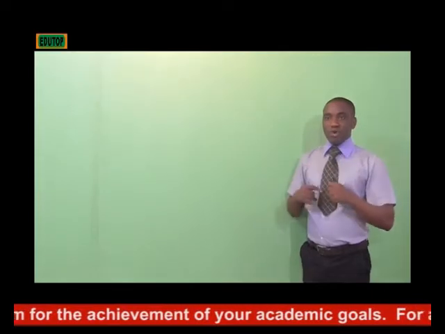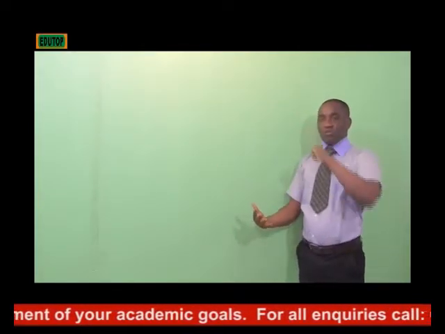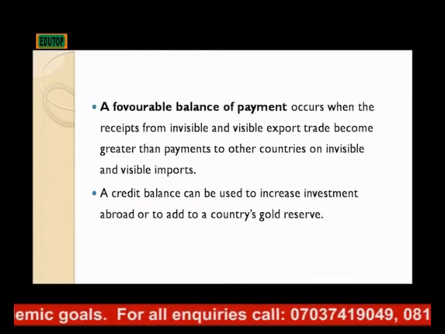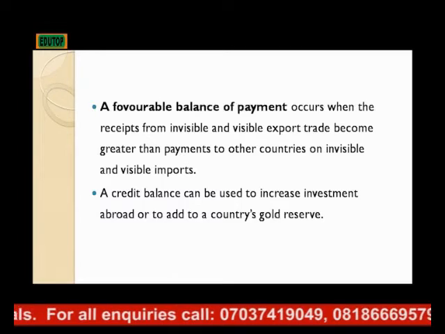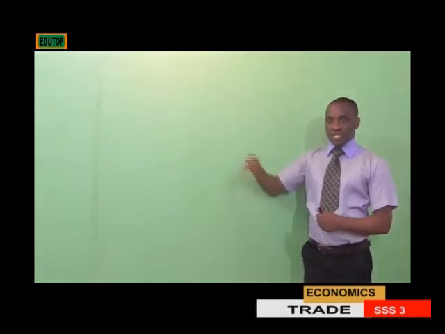If the income is more than what you spend on importing some goods, then we have a favorable balance of payment. The credit balance can be used to increase investment abroad or to add to the country's gold reserve. That is, the increase from exporting products can be used to increase our investment abroad.